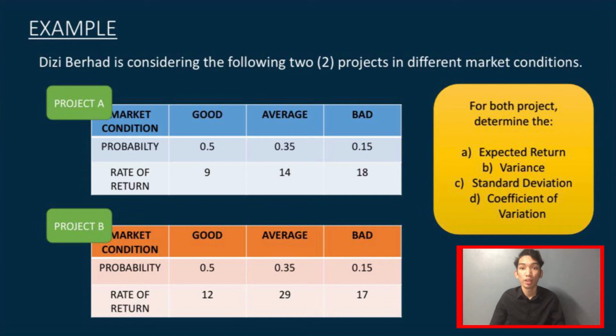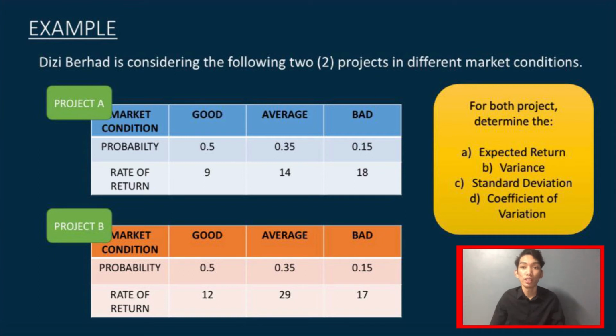For Project A, the probability for good is 0.5, probability for average is 0.35, probability for bad is 0.15. Okay, rate of return. Rate of return for good is 9, for average is 14, for bad is 18. Next for Project B, probability for good is 0.5, average is 0.35, bad is 0.15.